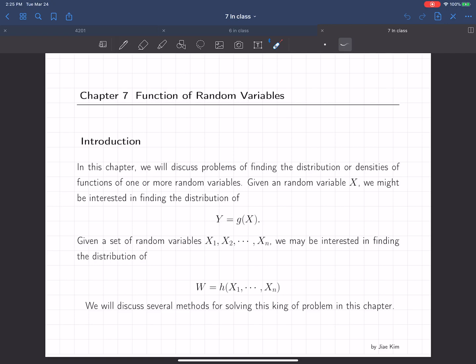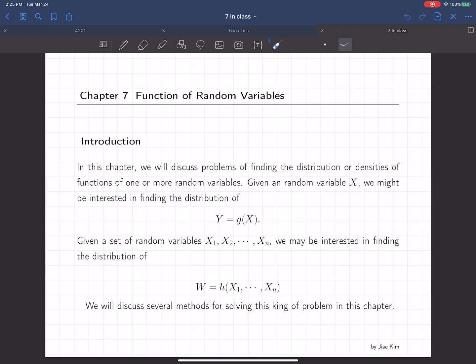All right, in chapter 7, what we are going to discuss is the problem of finding the distribution of functions of random variables, one random variable or more than one.